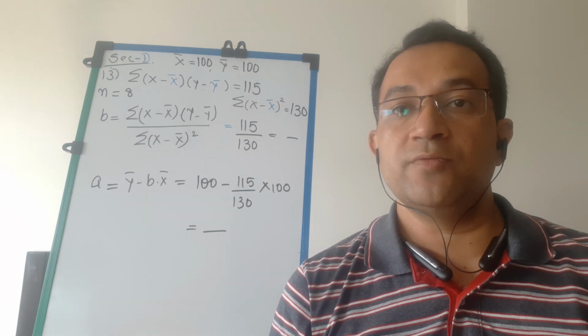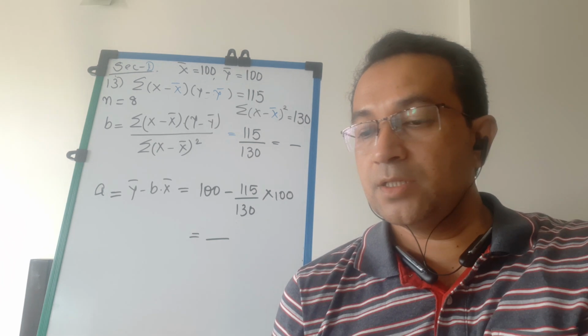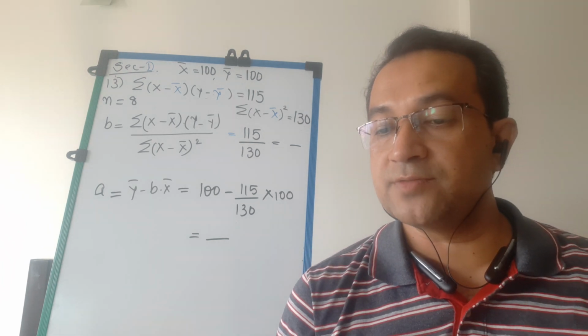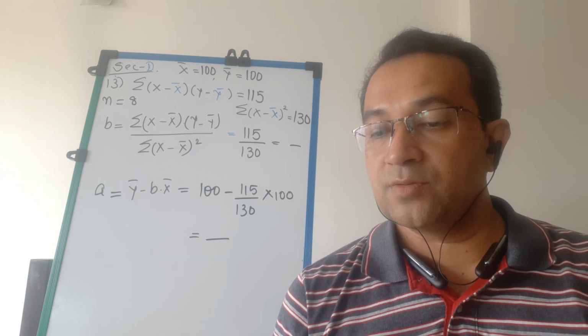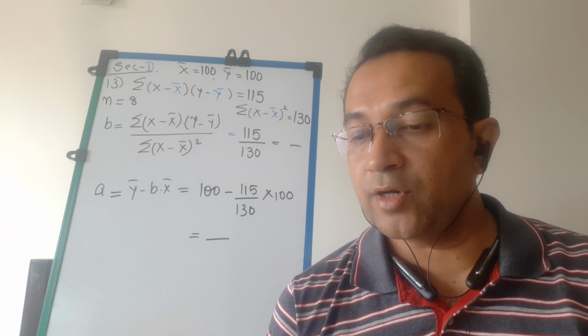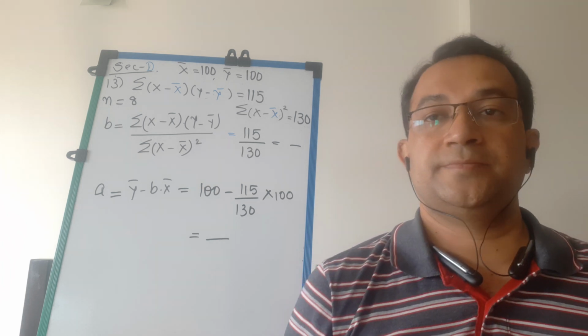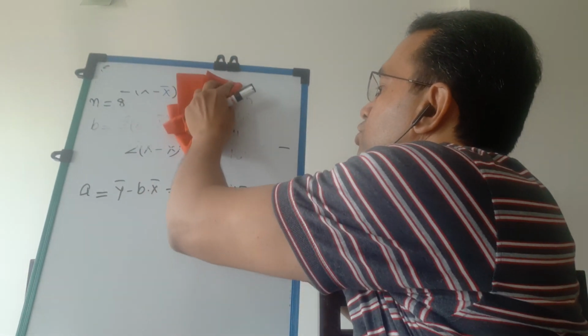So one has to be very perfect in understanding these questions. Now 11th question, if a regression line is y cap is equal to 31.5 plus 1.85x, estimate y for x is equal to 10.